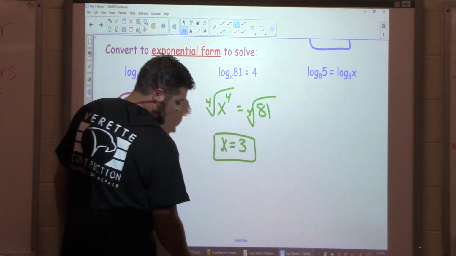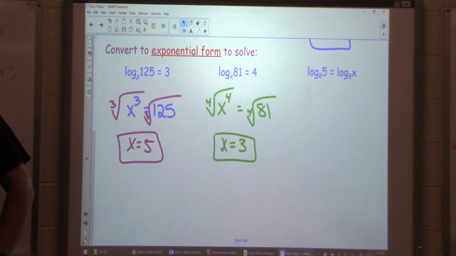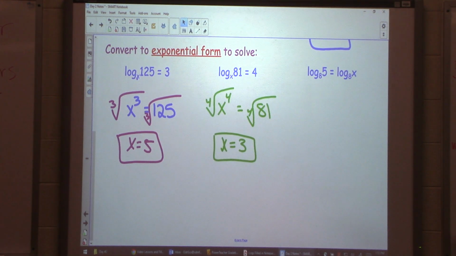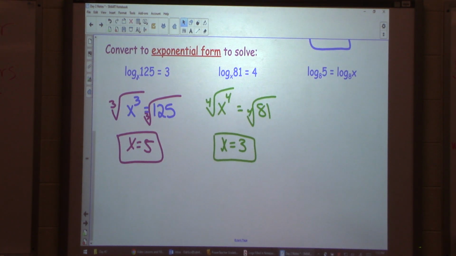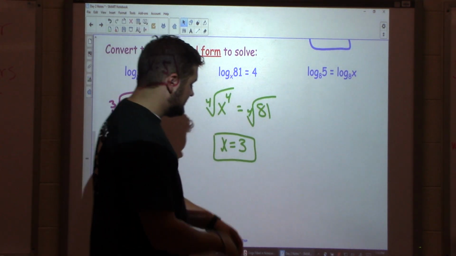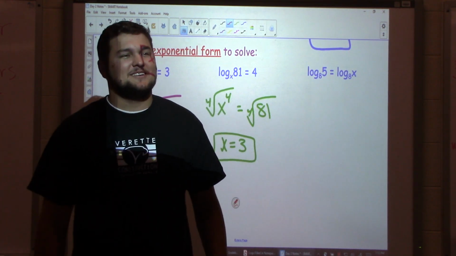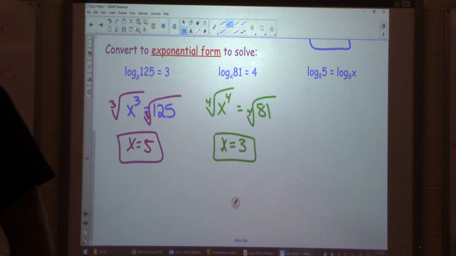Last one. Log base 8 of 5 equals log base 8 of x. Why does x equal 5? If you actually do the problem, we cross out the log, because they have to equal each other.